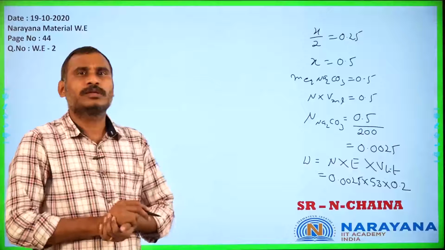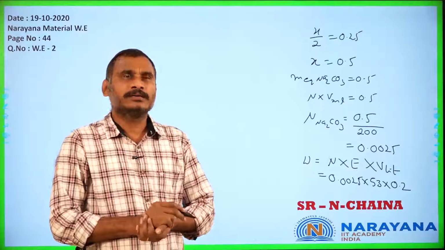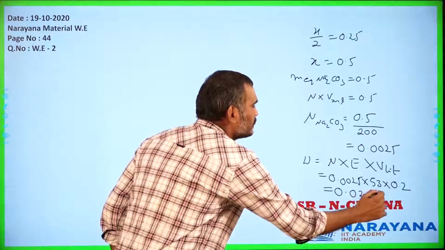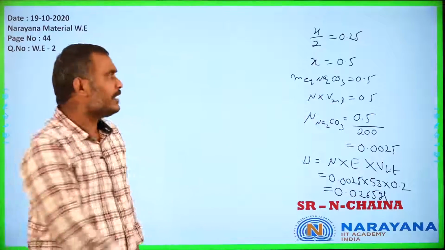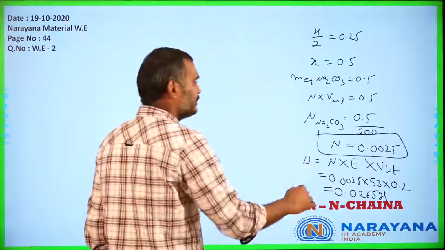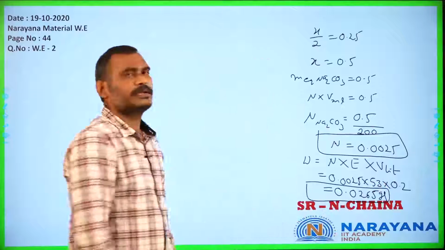After doing so, the weight of sodium carbonate you will get is 0.0265 grams. So, I have calculated the normality of sodium carbonate and the weight of the sodium carbonate.